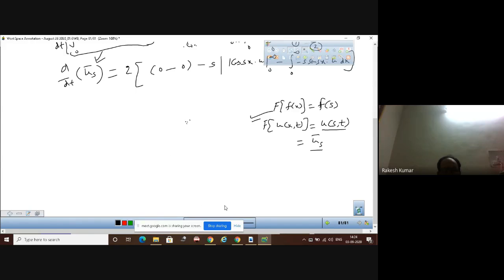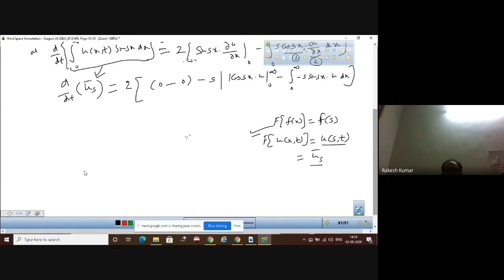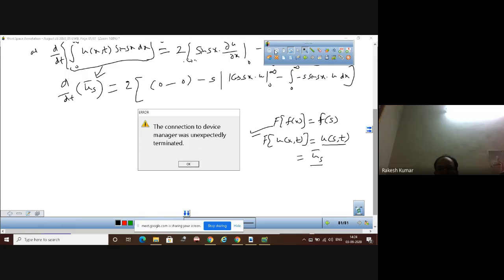So ultimately, you can substitute the values and simplify the terms like this.